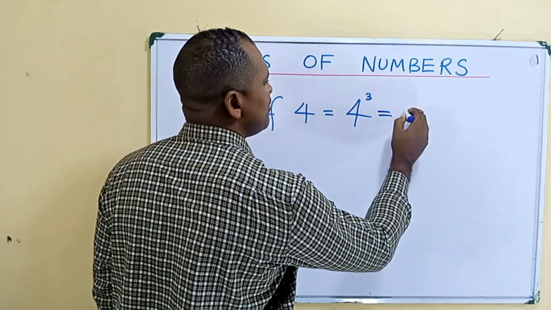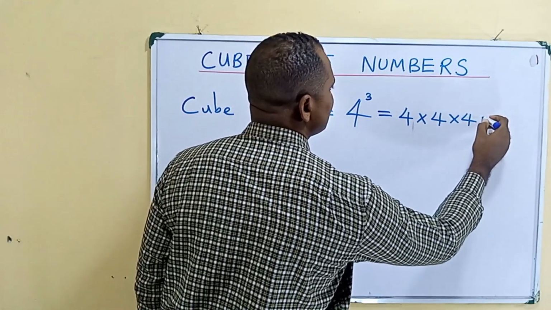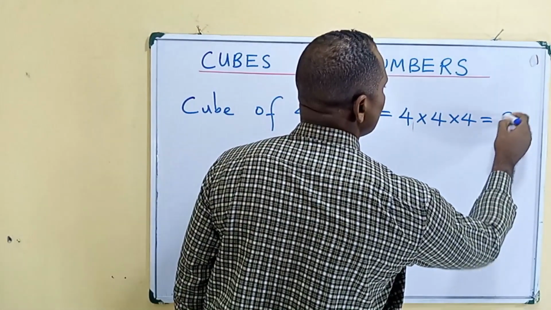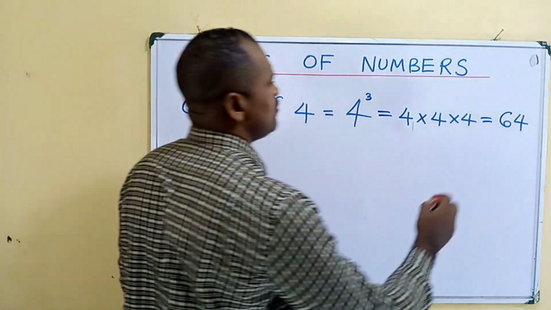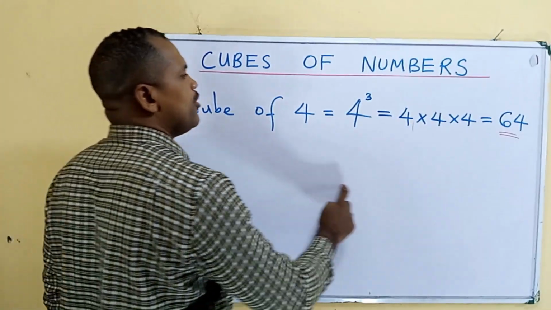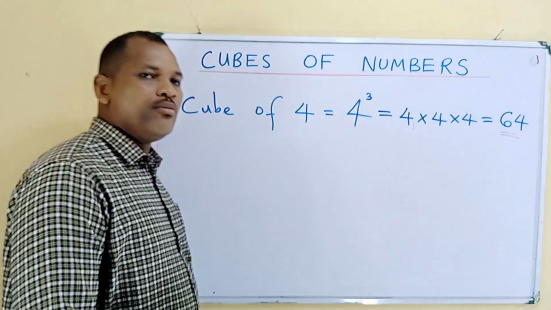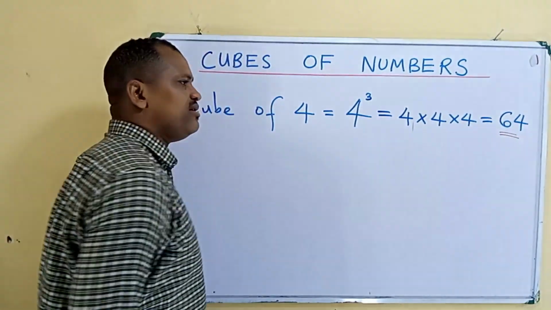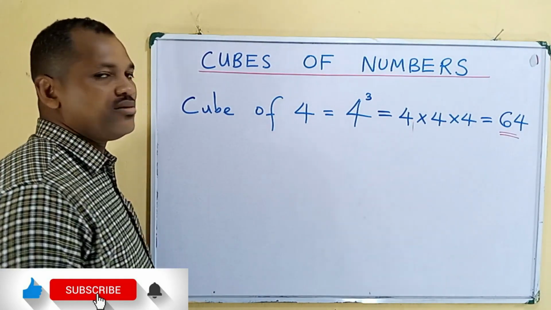And it means 4 times 4 times 4, and this will give you 64. So if someone asks you, what is the cube of 4? The cube of 4 is 64, because if you multiply 4 by itself 3 times, you get 64.